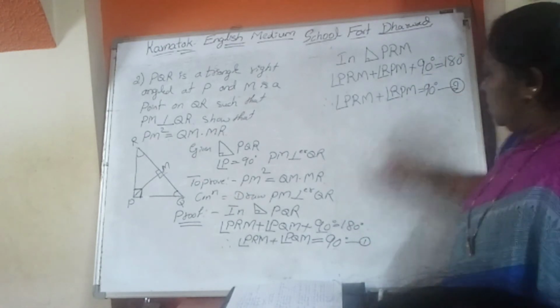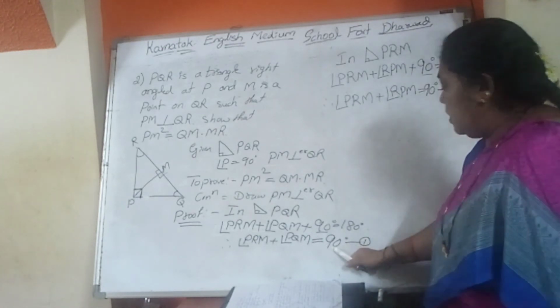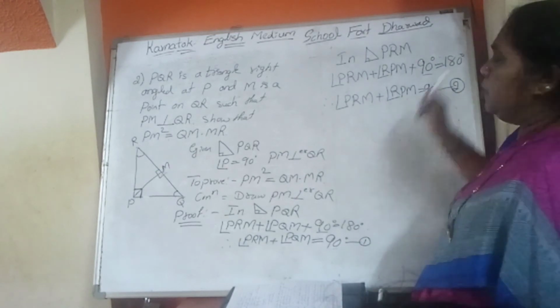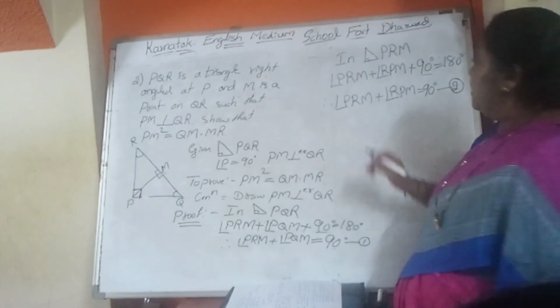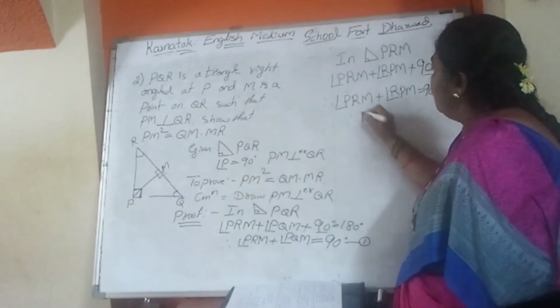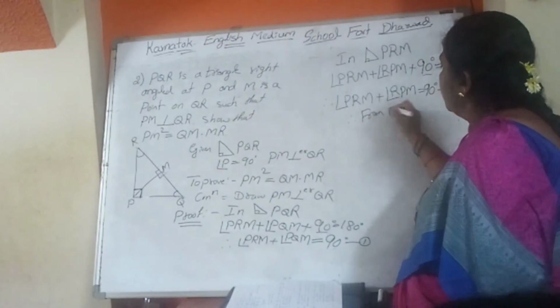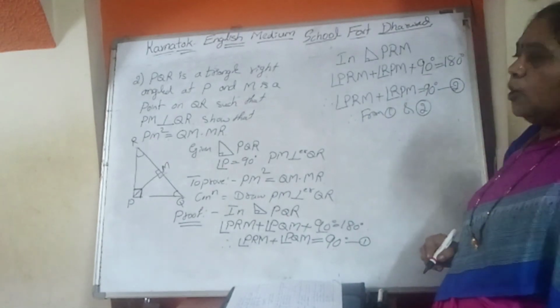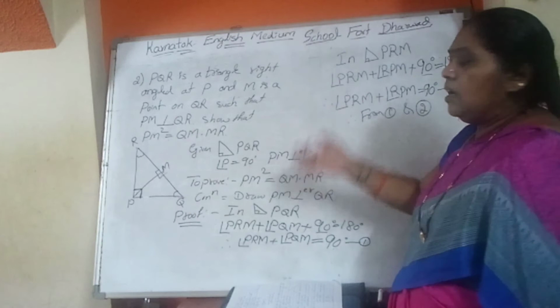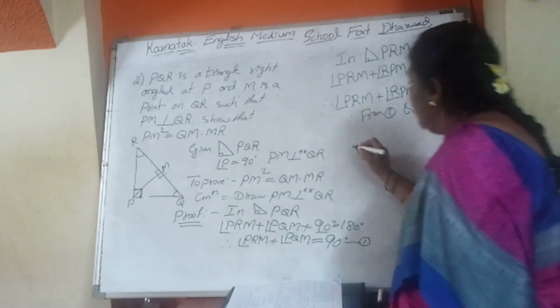Observe here, in equation 1 and equation 2, the RHS is 90 in both. So from 1 and 2, when the RHS are equal, the LHS are also equal.